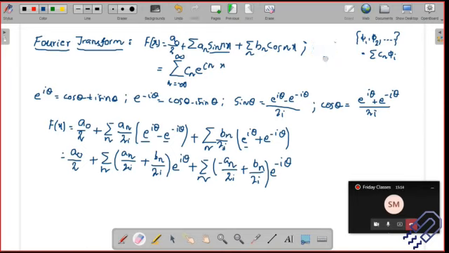Just writing down the general form. So in a similar way, for this also, I can write it down as summation over n, and then this is c n, and then this is e to the power i n theta. So that's it. This theta that we are talking about can go from minus infinity to plus infinity.